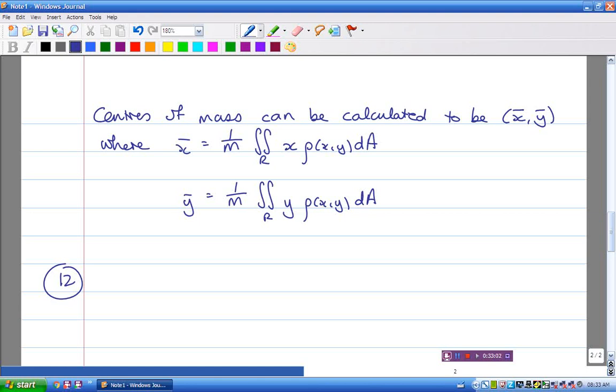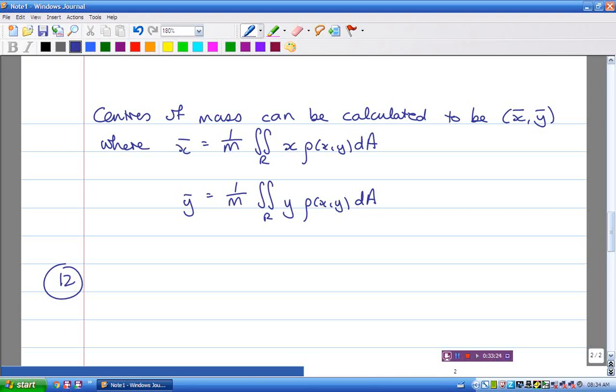Yes. So you'll get a single value for x and you'll get a single value for y. Together they'll give you a point that you can actually draw as a dot in your diagram, and that dot is your center of mass. So you'll have your region which you can draw and color in, you can call it R, and you'll have a dot in your region which is your center of mass.